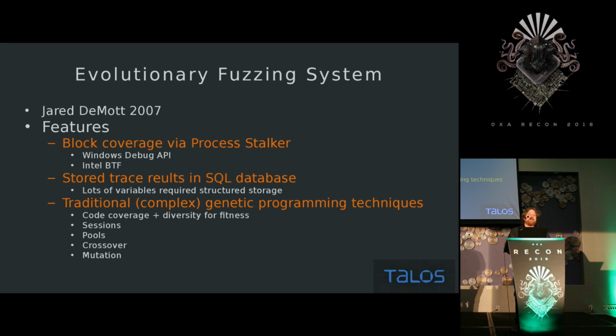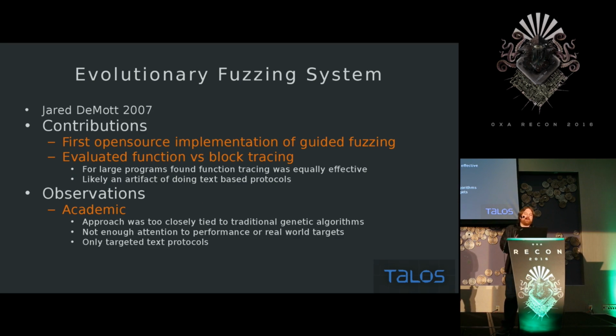And he had just a larger concept of genetic algorithms as applied to testing that didn't really pan out that well. He did experiment with doing hooking at a function level and trying to use that in evolutionary testing, and it worked somewhat in his specific examples.